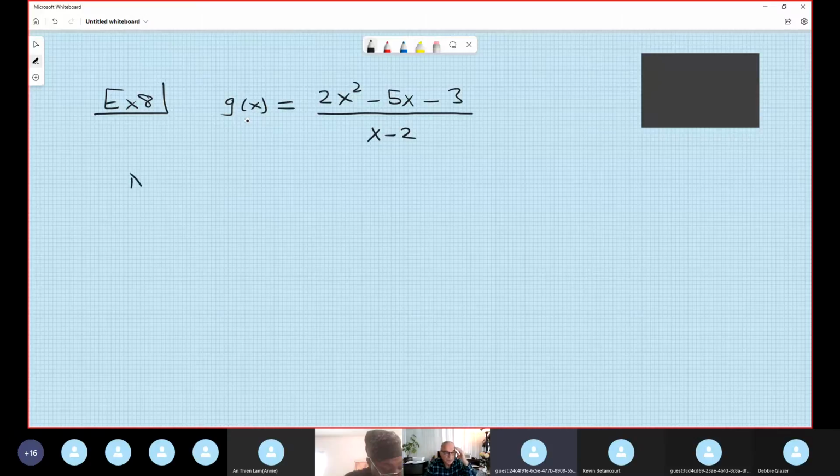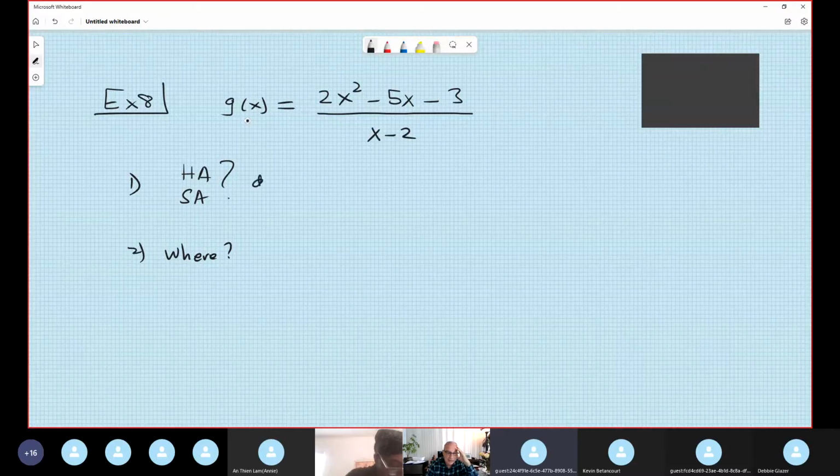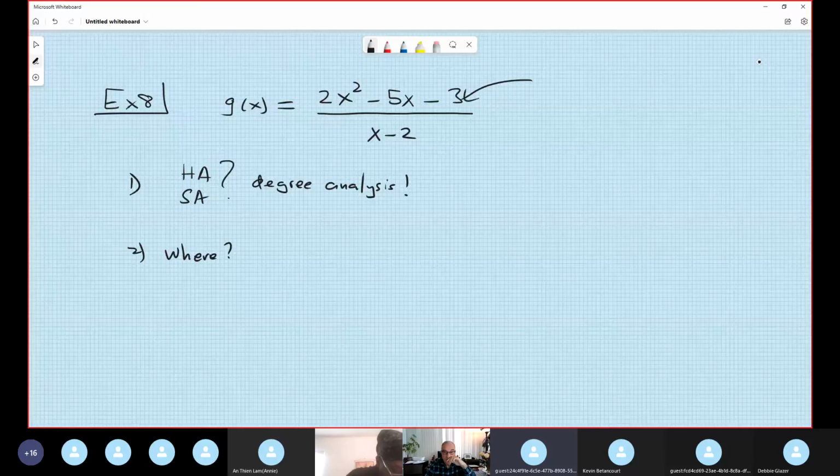Okay, question 1: do we have a horizontal, vertical, or slant asymptote? Question 2: where? To answer that question, I need to do the degree analysis. What is the degree of the polynomial on the top? Degree 2 and 1.